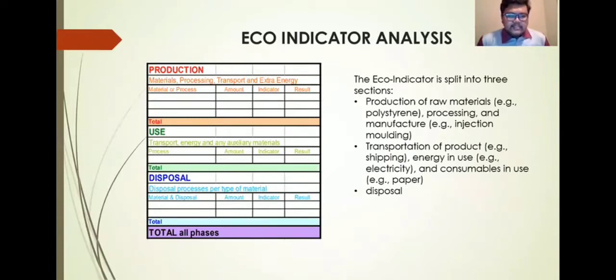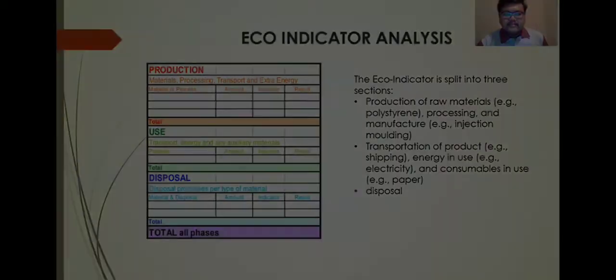The materials are listed, and then how to dispose of the material. We come out with the amount and indicator, and lastly the result. After we get the value of each stage, we total it, and that is the value of the eco indicator analysis.